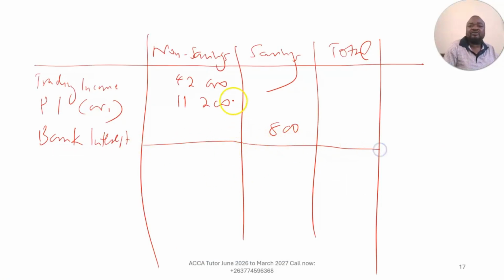You also need to transfer all these figures to this outer column, the 42,000 and the 800. If we add up here, let me just use my calculator. 42,000 plus 11,200, that's 53,200.